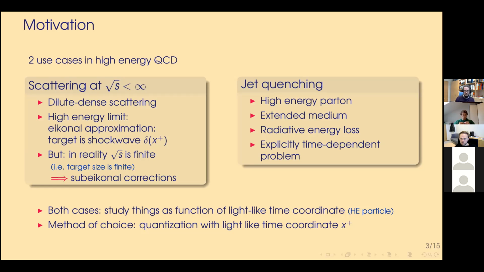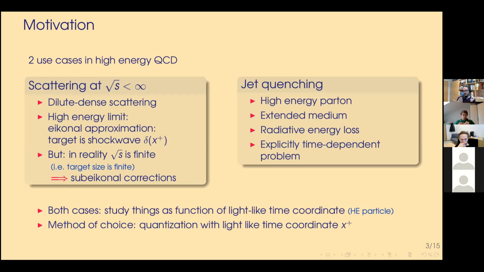The scattering is a dilute probe, a quark for example, going through an infinitesimally thin shock wave of a classical color field. The infinitesimally thin shock wave is really a result of the high energy approximation, because at high energy you can go to a frame where your target is moving fast against you.